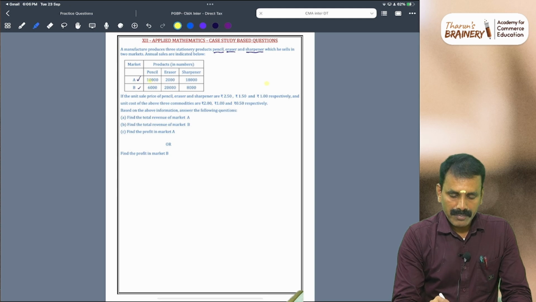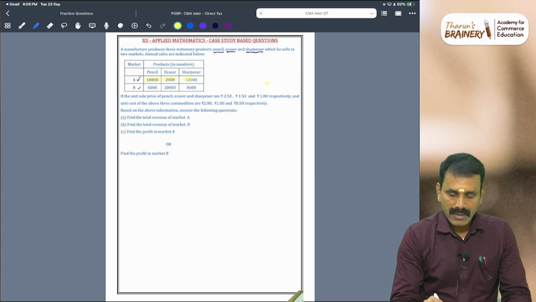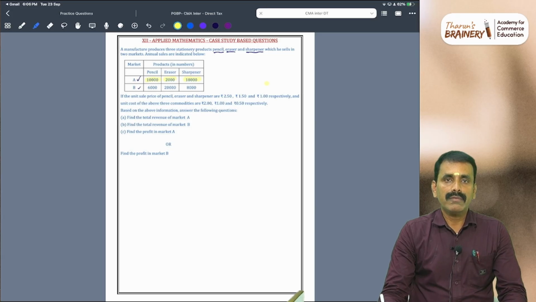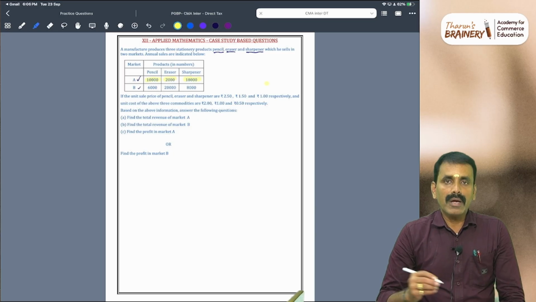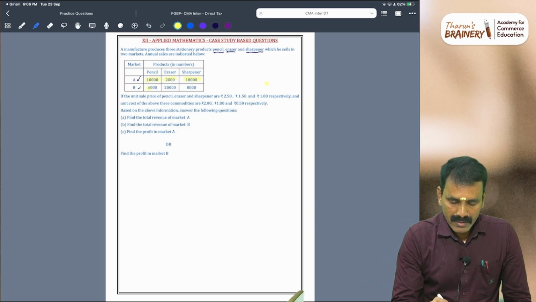For market A, pencil is going to be 10,000, eraser 2,000 and sharpener 18,000. So, for market A, for each product they have given the sales data. Is it clear? And for market B also they have given the sales data. It is 6,000, 20,000 and 8,000.